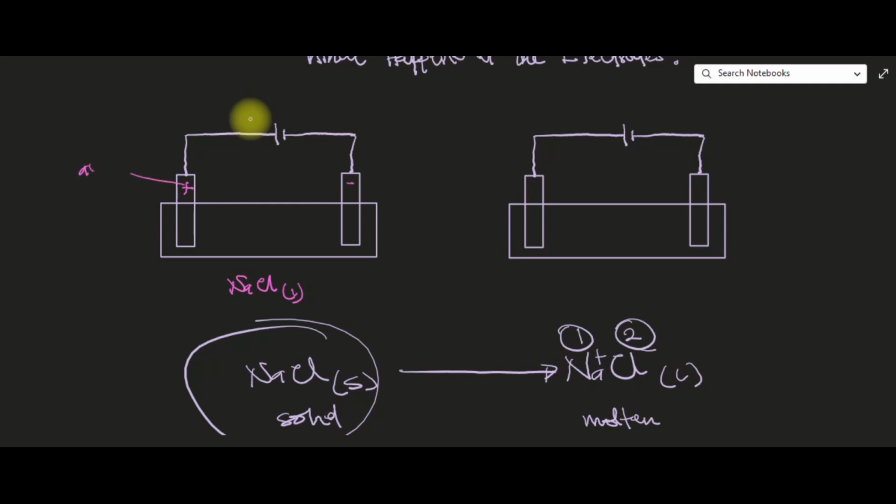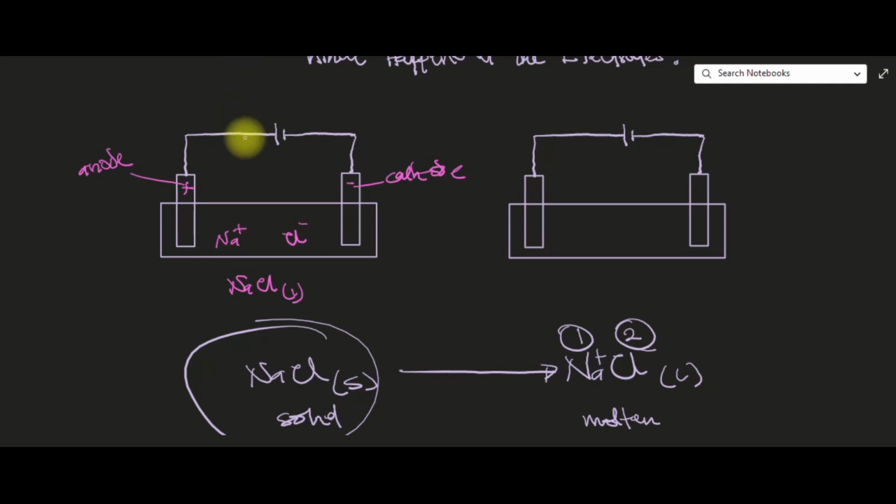Remember, anode and then cathode. And then in the electrolyte, we are going to have molten sodium chloride, in the form of sodium ions and chloride ions. So you have many sodium ions and many chloride ions in the solution. Only 2 types of ions.